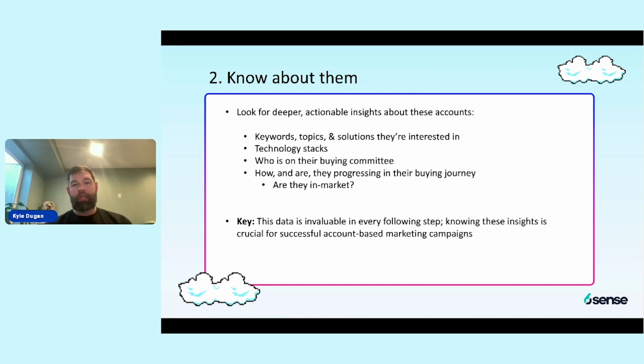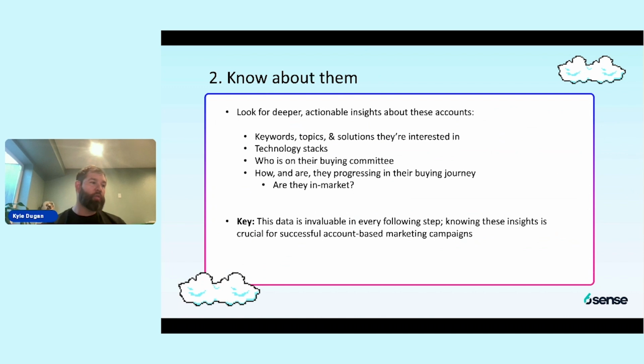So this data is going to be used in every step of our ABM journey. These insights are absolutely crucial to make sure that we're speaking to these accounts in a way that they want to be spoken to and in a way that actually helps them on their buying journey.